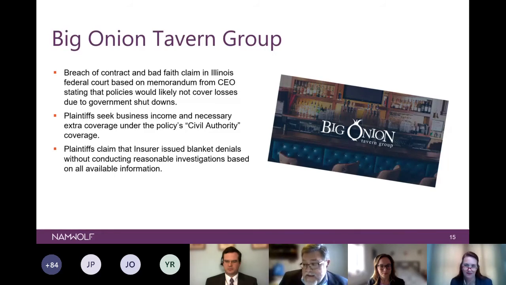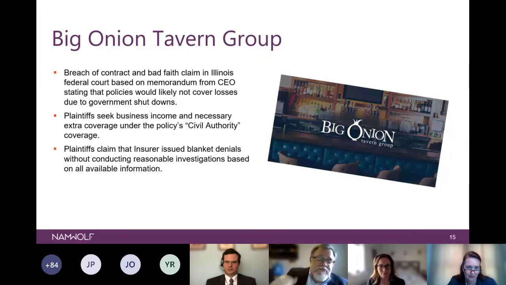You can be assured that policyholder side lawyers will be looking for excuses to make bad faith allegations, and the suggestion that there was some sort of carte blanche, across the board, just deny these claims without any analysis. If that's what that memo said, it can be expected that policyholder lawyers will jump upon that.